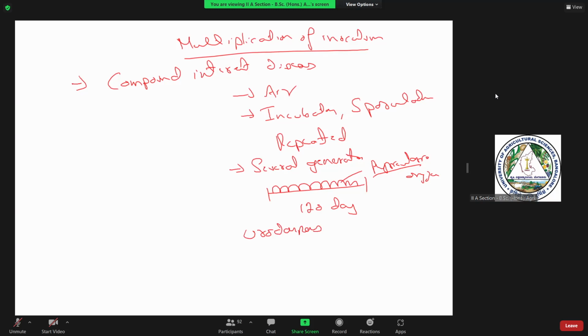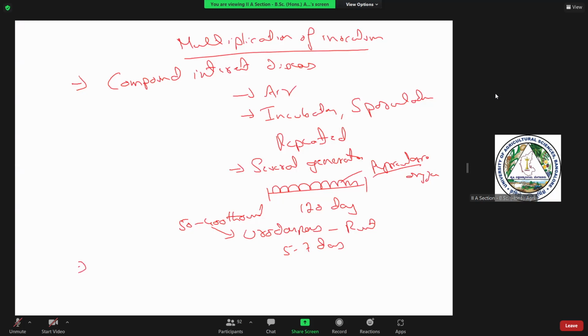In case of rust, 50 to 400,000 urediniospores are produced, that too in just 5 to 7 days. So this is called a compound interest disease, where several generations are produced.